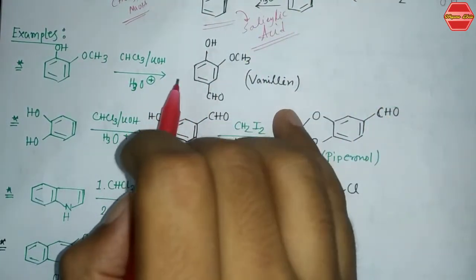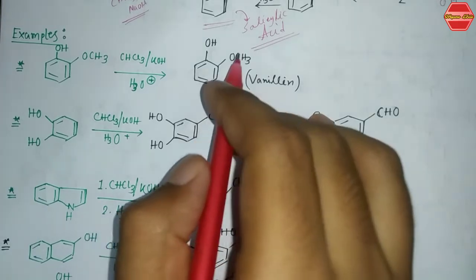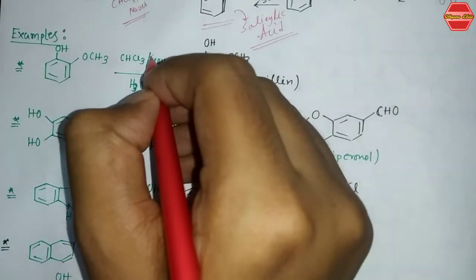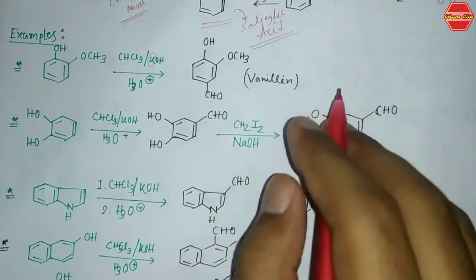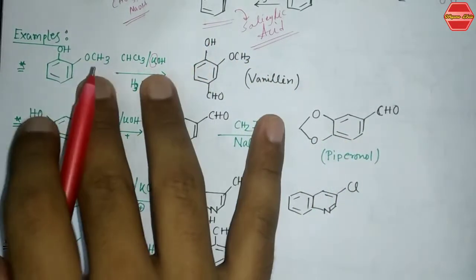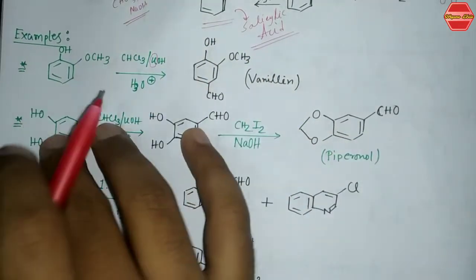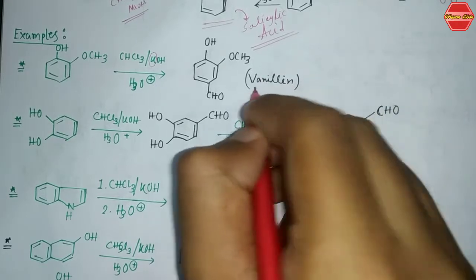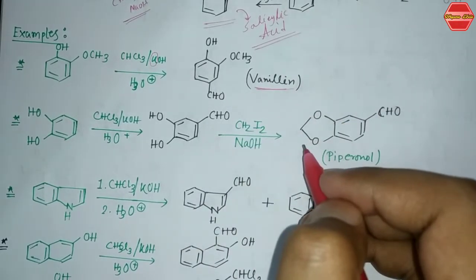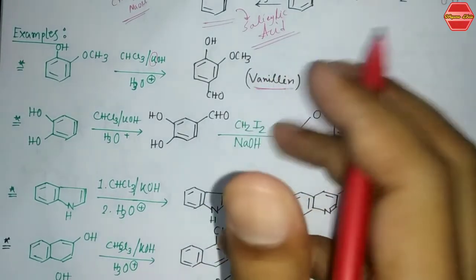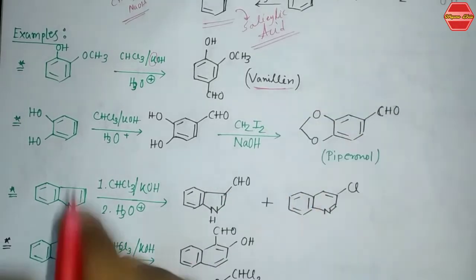So that is why the para product forms. And you can see here we are using KOH, not NaOH, so that is one of the important cases, that is why we are getting this para product as the major one. So this is your vanillin, a very popular flavoring agent. This is basically used for making vanilla, right?